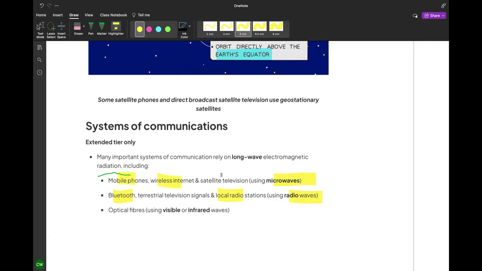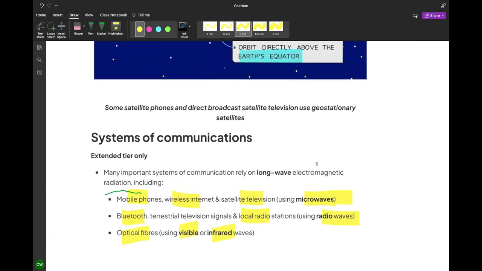Mobile phone and wireless internet use microwaves. Optical fiber uses visible light and infrared. This one you need to memorize. Sometimes I ask you, Bluetooth is what? Then you need to tell me it is radio wave. Satellite phone, microwave. Optical fiber, visible light and infrared.